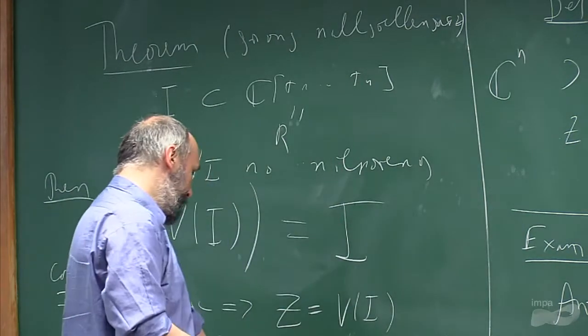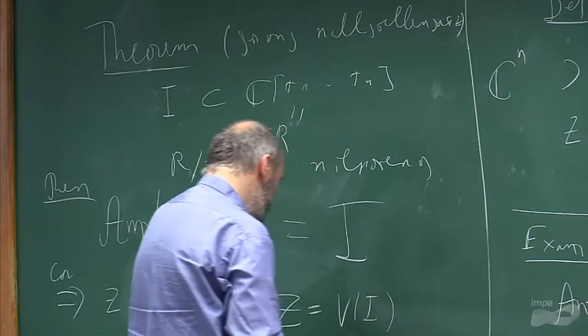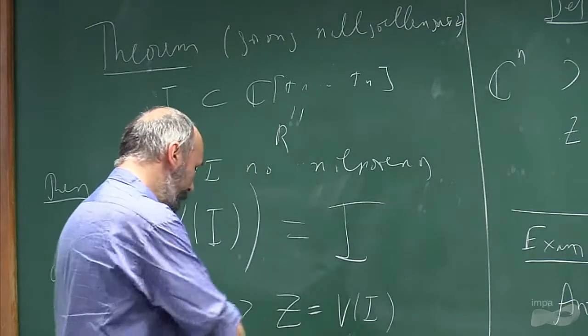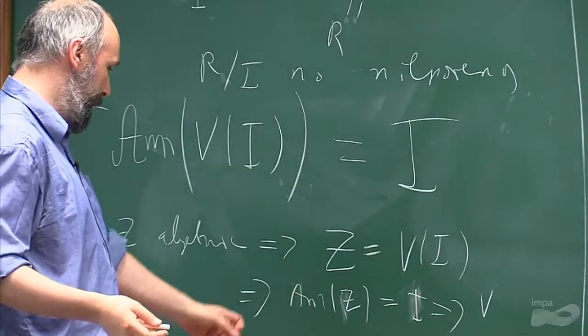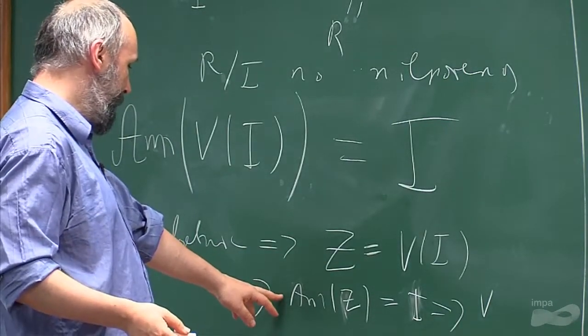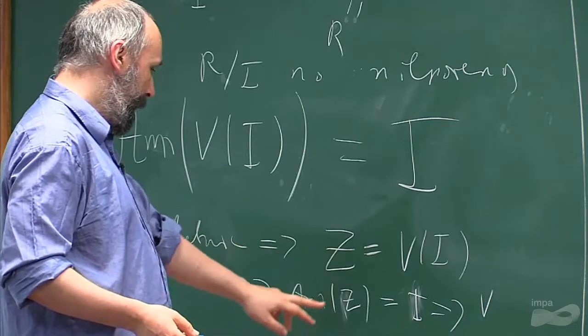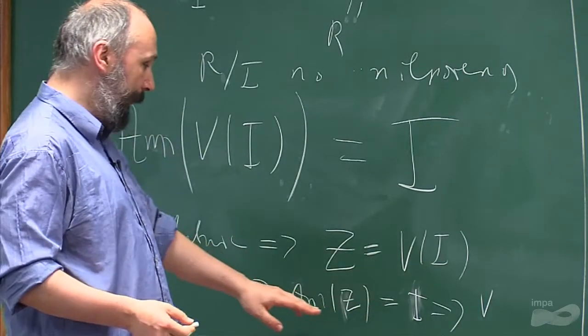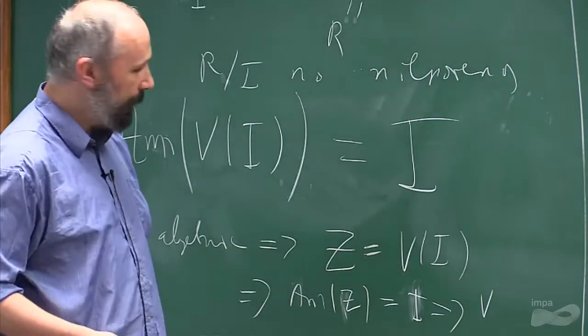And then you can repeat it. There is a one-to-one correspondence. You can recover Z from I, and you can recover I from Z. That's all.